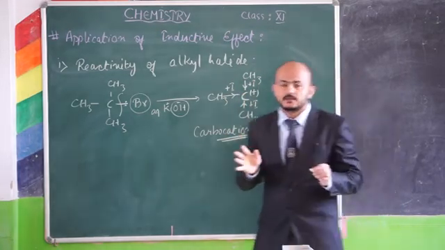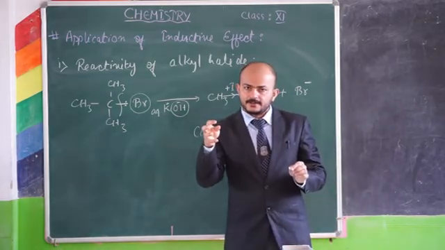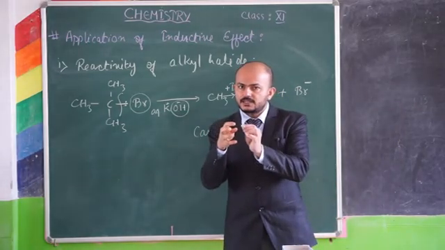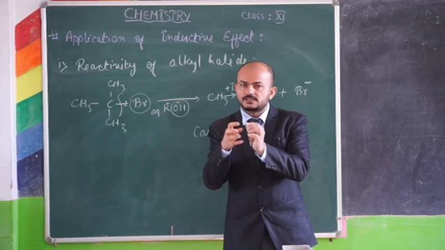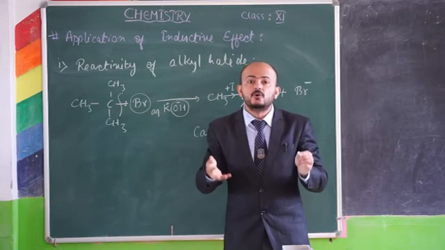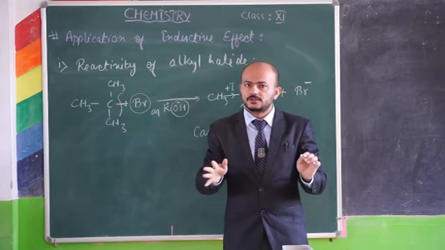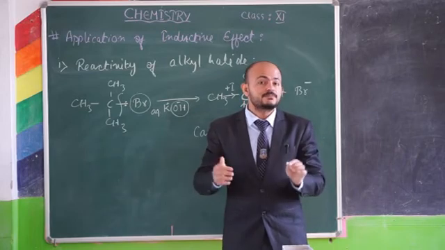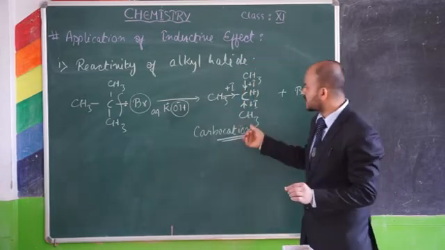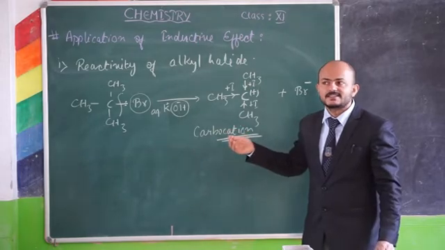Now what do we think? If positive charge is there, now if negative charge will be coming nearer to it, means what? They will be more stable. So you have to remember here, more the plus I effect for carbocation, more will be its stability.